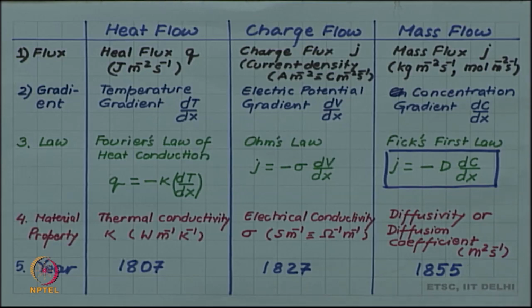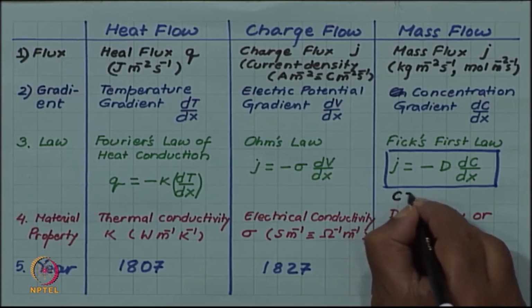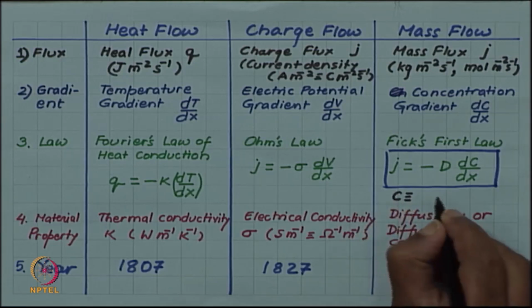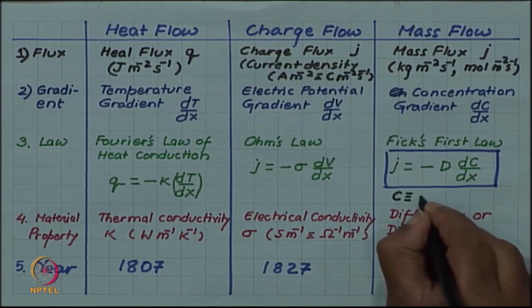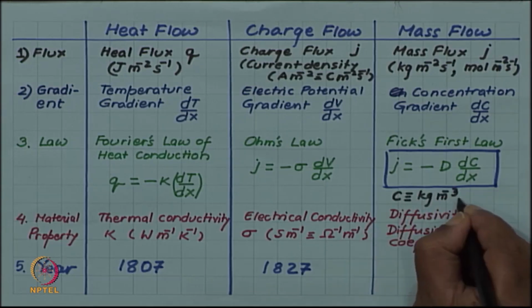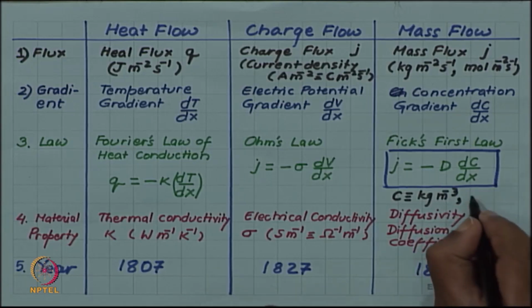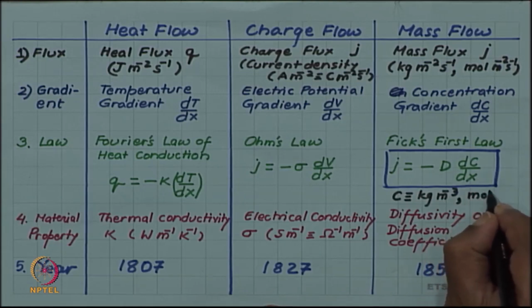And remember that if you see the unit of diffusivity, meter square per second, this indicates that our C should always be in the units of per unit volume. So, it should be volumetric concentration, either kg per meter cube or moles per meter cube.